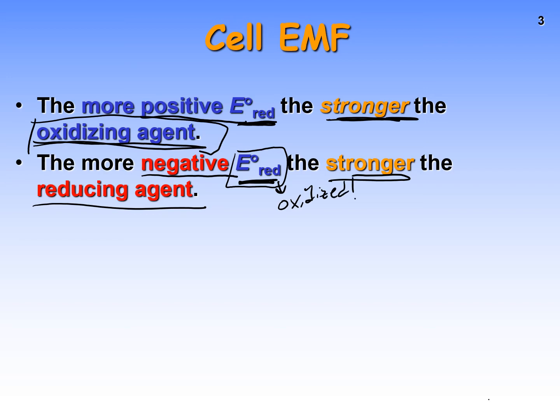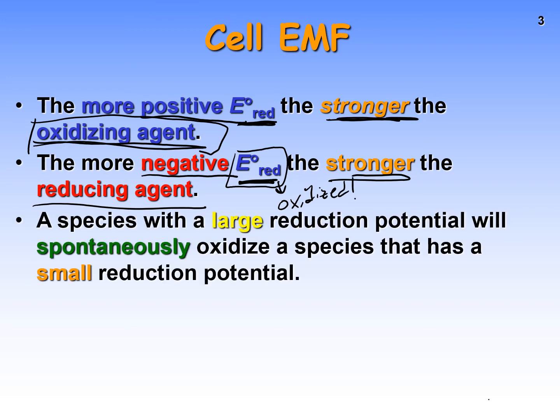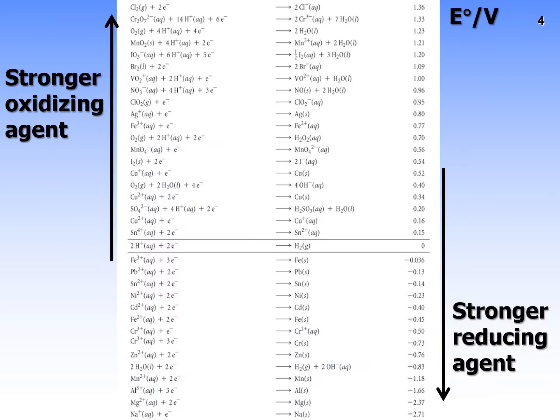Does that make sense? So, a species with a really large positive reduction potential will usually spontaneously oxidize something that has a very small or negative reduction potential. We can kind of think of that in terms of E naught cell calculation.